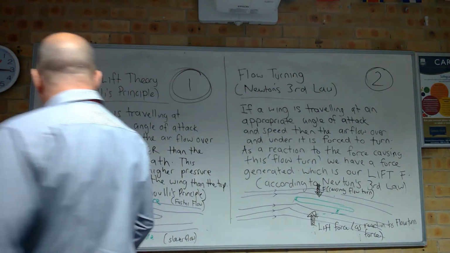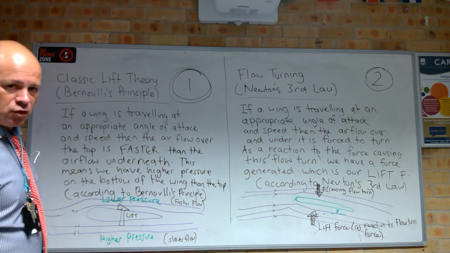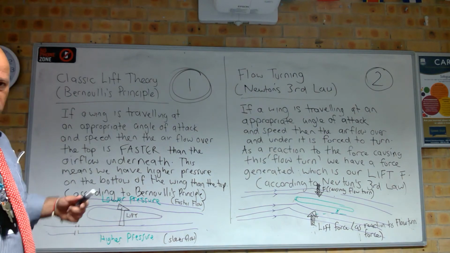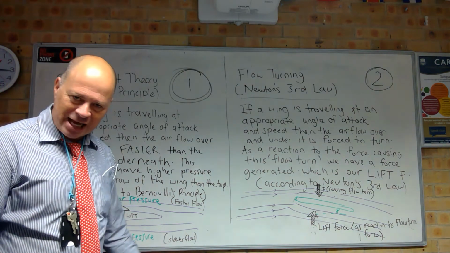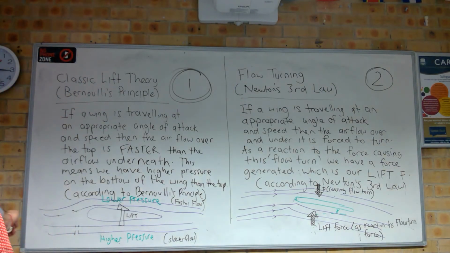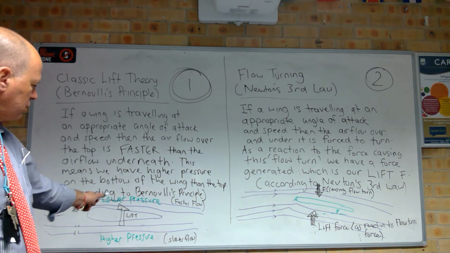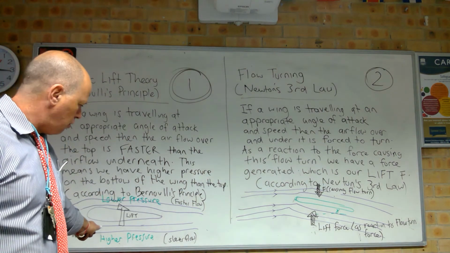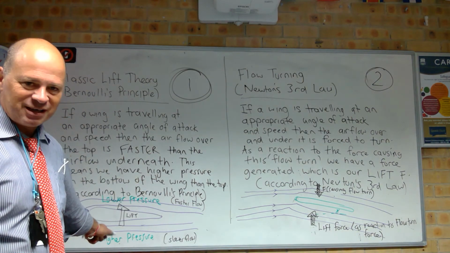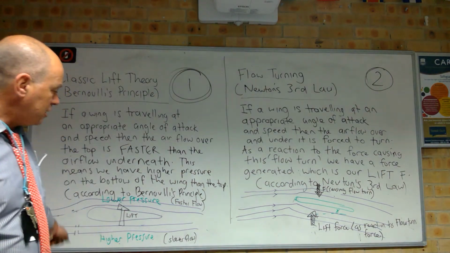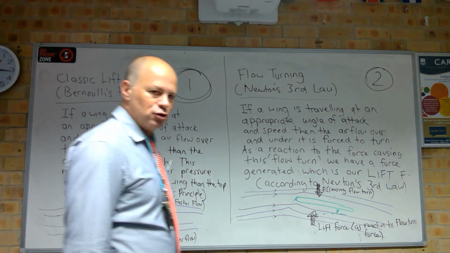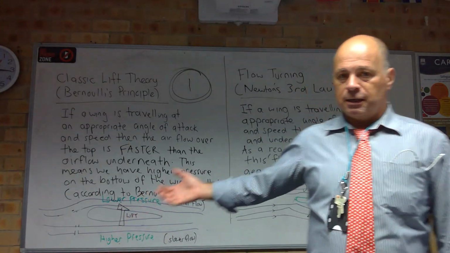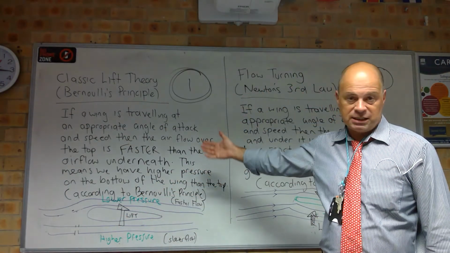So wing traveling at appropriate speed, appropriate angle of attack, diagram tells you what's happening. This one here, we have wing traveling at the appropriate speed and angle of attack, and we have airflow over the top, which is faster. We've written faster flow, lower pressure, slower flow, higher pressure. Okay, so that diagram can tell you what you need to do to define what happens for the classic theory of lift.